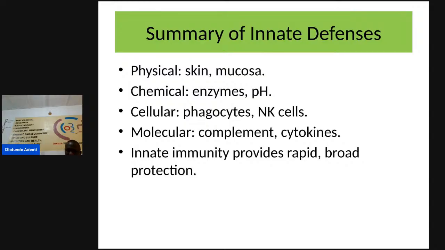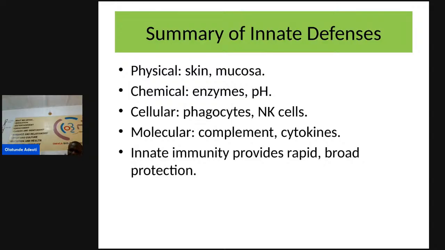Then the other one is the cellular innate immune system, like phagocytes. What role do they play? Natural killer cells, what role do they play? Then we also examine the molecular role. That is another way the body can fight against infection. Molecular, which involves the complement system as well as the recruitment of cytokines.